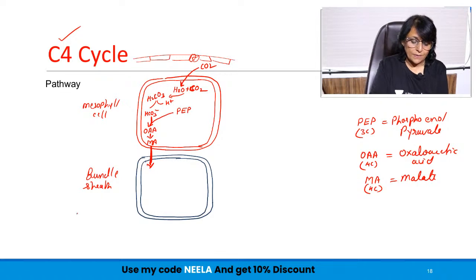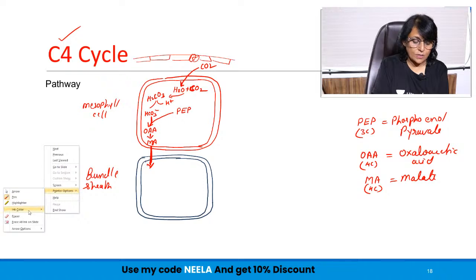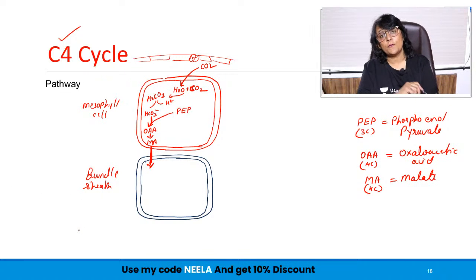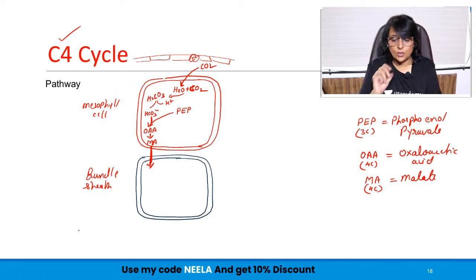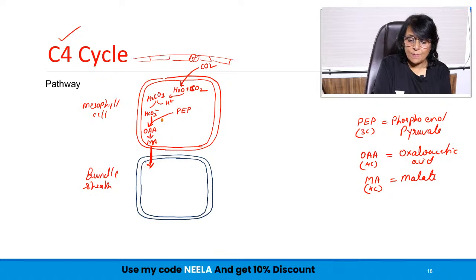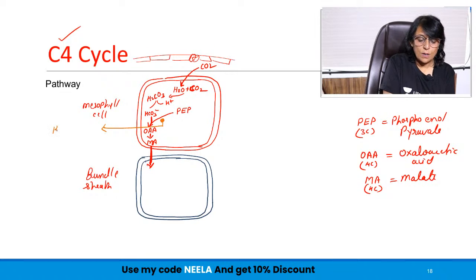Now tell me one thing, addition of carbon dioxide is taking place here. Addition of carbon dioxide is carboxylation. So which enzyme is working here? The enzyme which is working here is a carboxylase, and it is called PEP carboxylase.